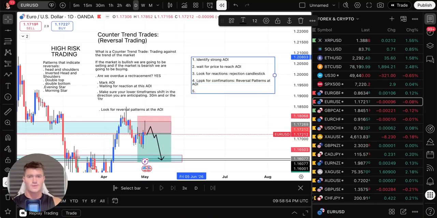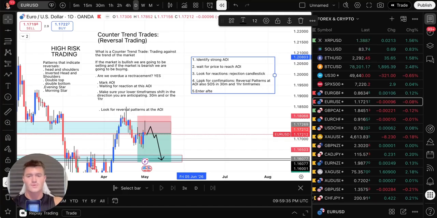Five, wait also for SOS's, shift of structure, in 30-minute and 1 hour time frame.